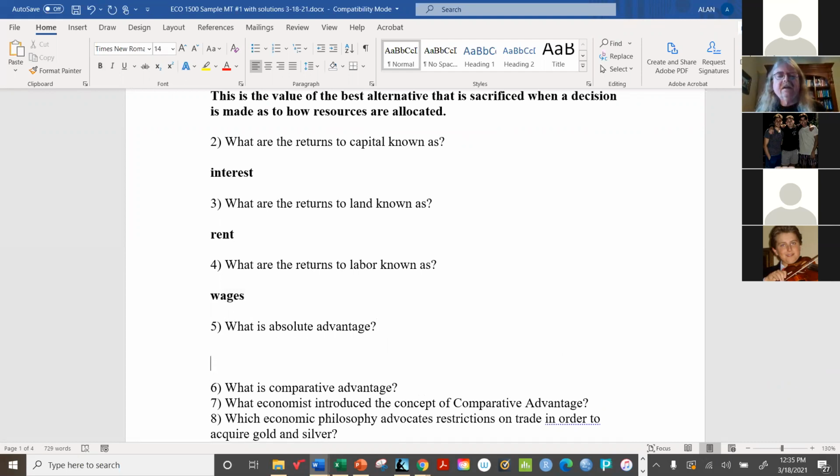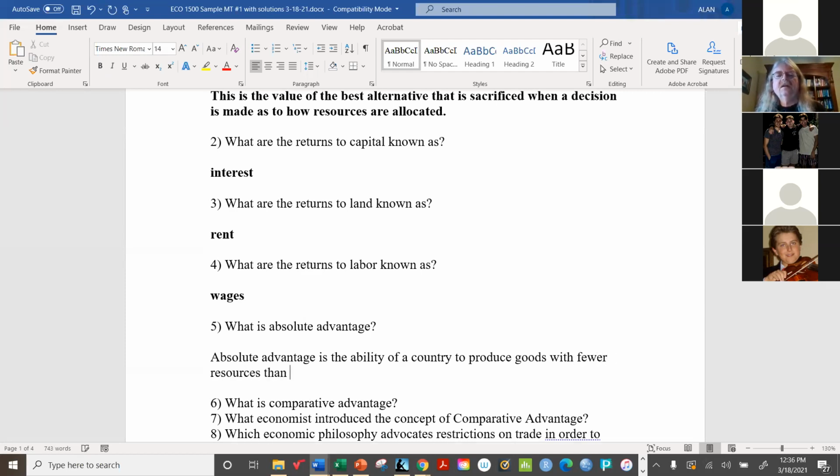All right, now we're looking here at our discussion about trade. Absolute advantage is the ability of a country to produce goods with fewer resources than other countries.